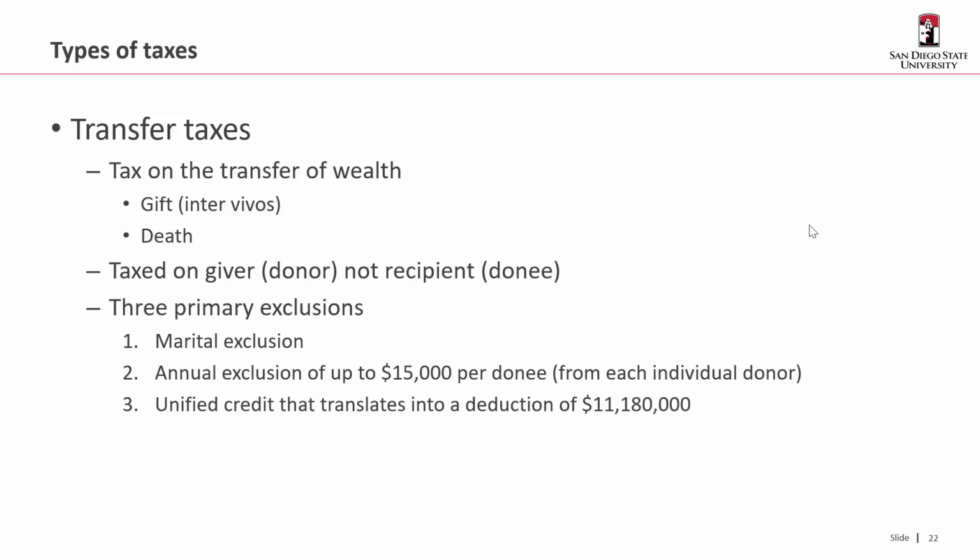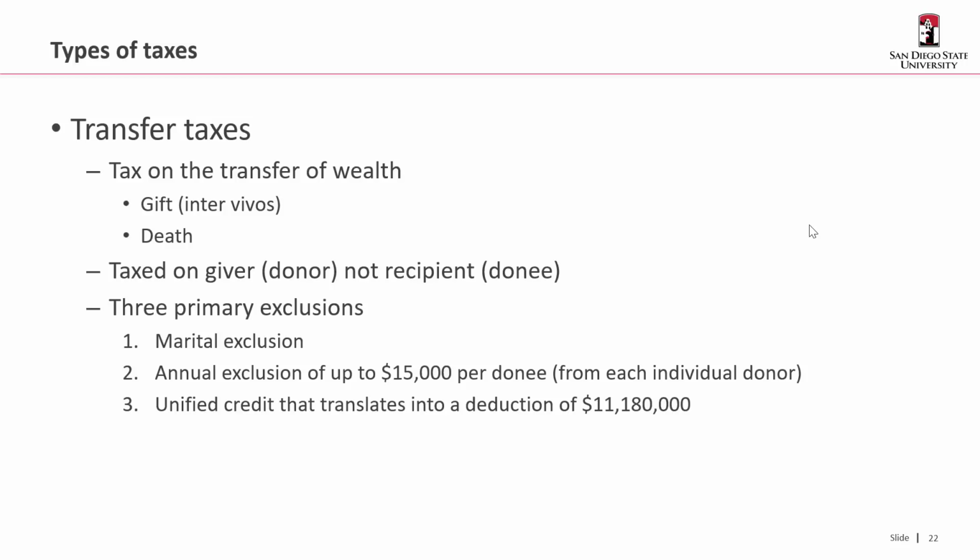So a couple years ago it was $14,000, then it was $13,000, but right now I believe it's $15,000 in 2018 for sure. And that is from each individual donor and per donee. So for example, if I had 6 cousins, I could give each of them $15,000. My spouse could give each of them $15,000. So collectively we could give them $30,000 each.